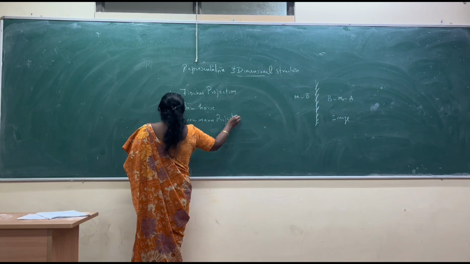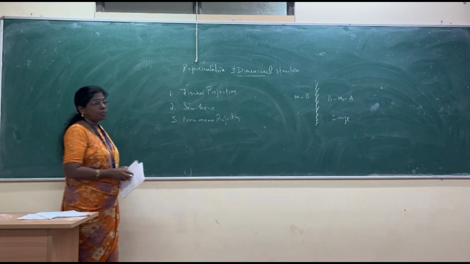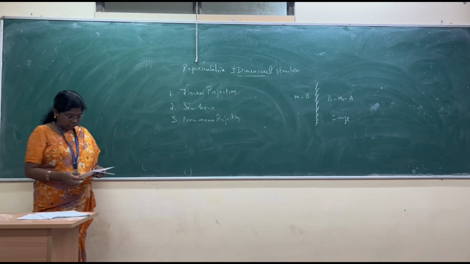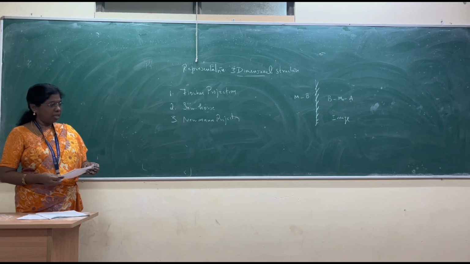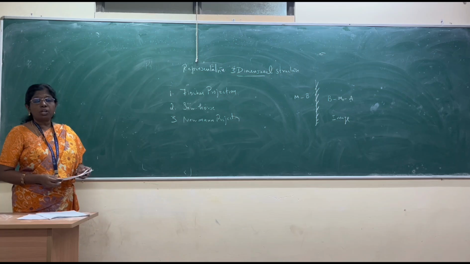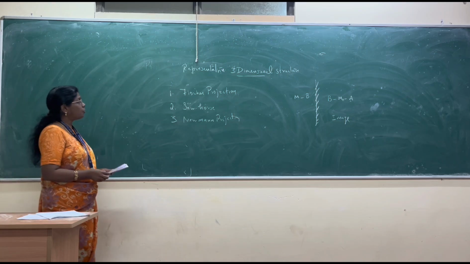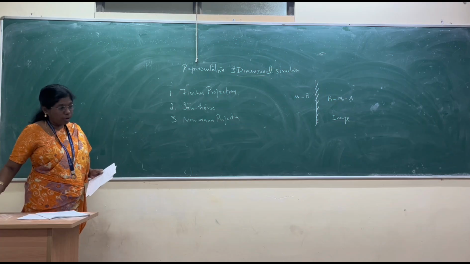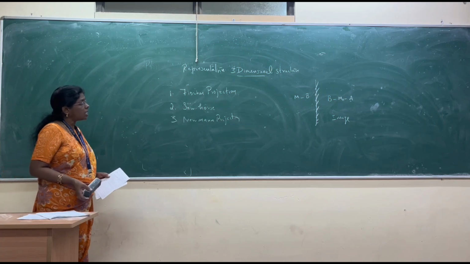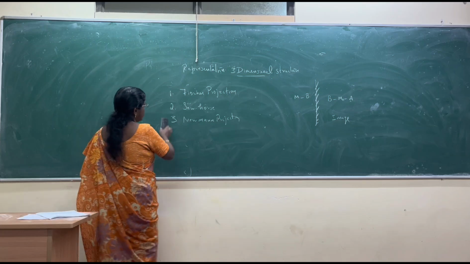There are three important methods for such a planar representation. First, Fischer projection. Second, Sawhorse projection. And third, Newman projection. We can see them one by one. The first one is the Fischer projection.